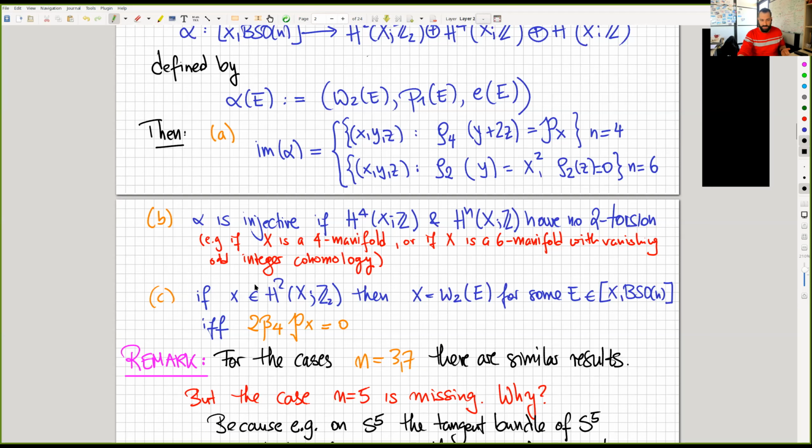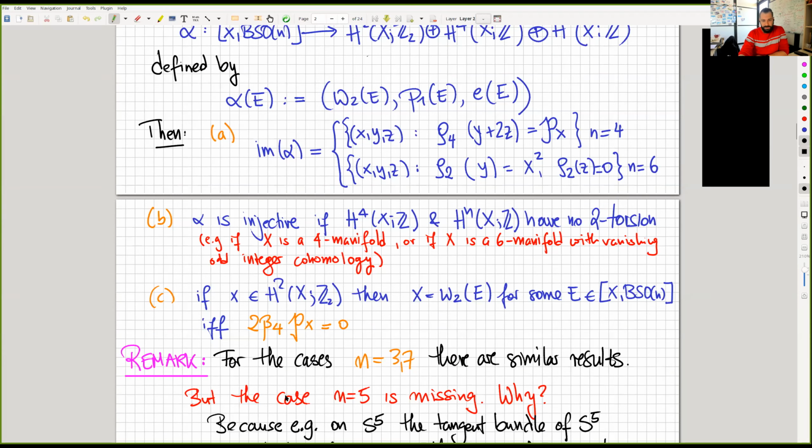So if you take any element of the cohomology group with coefficients in Z2, you can find a vector bundle E with that second Stiefel-Whitney class if this condition is fulfilled. And this is a so-called cohomology operation, the Bockstein homomorphism. But again, it's not important to understand this. It's just an existence result.